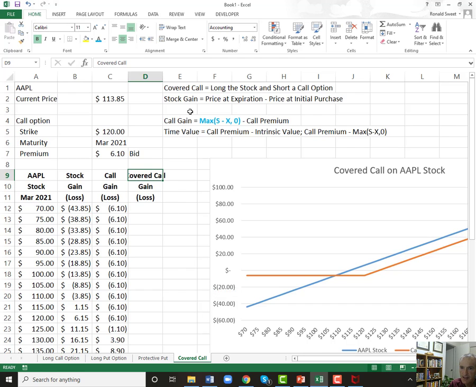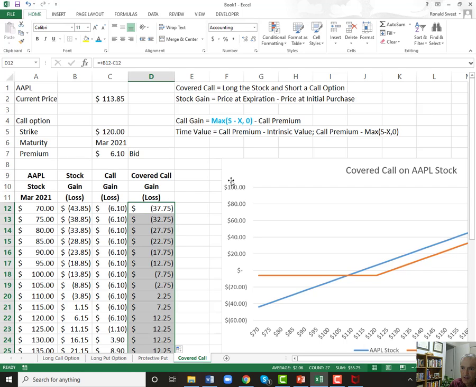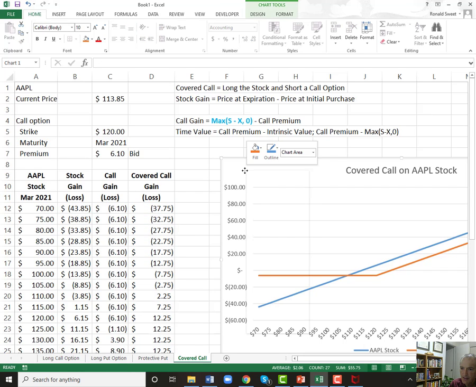Well, in this case, we own the stock, so we do plus the gain or loss on the stock, but then we do minus the call because we sold the call. If you short something, you sell something, you do minus whatever that gain or loss is. We can put that into here, and so now I'm going to edit this.